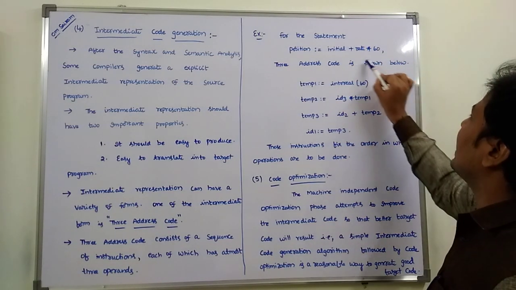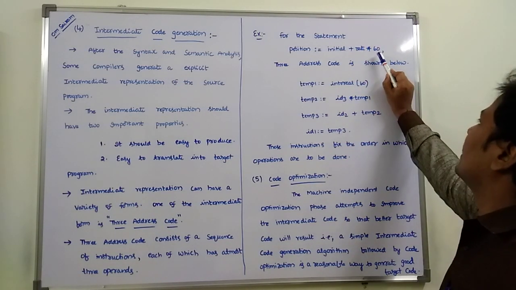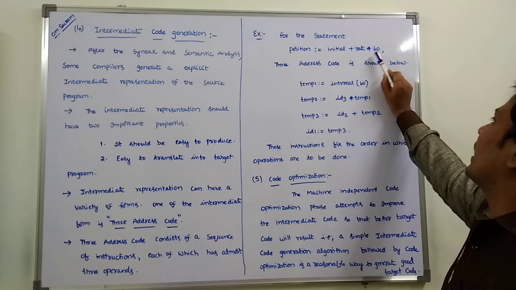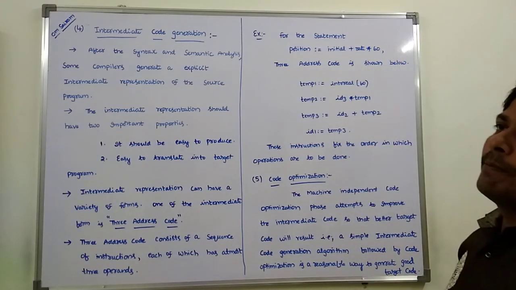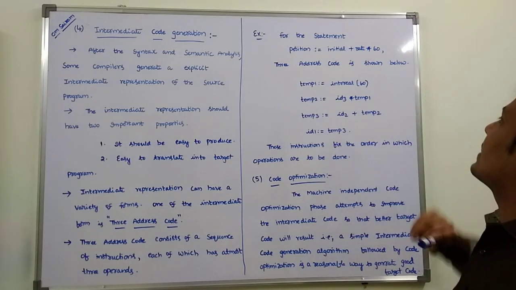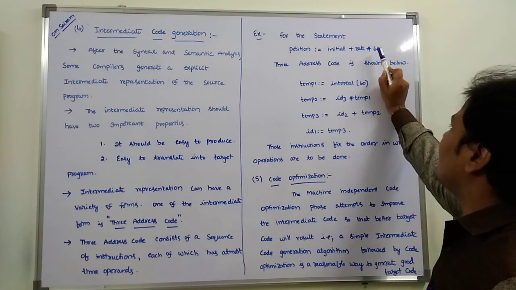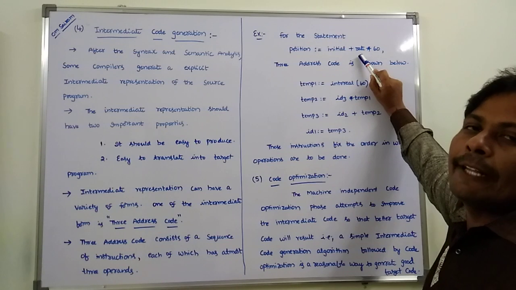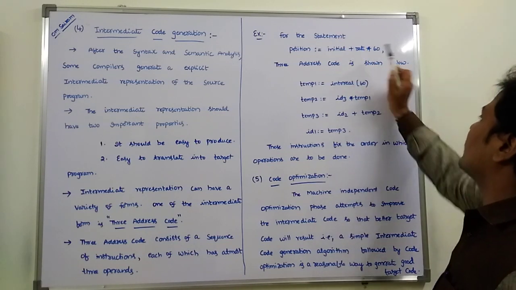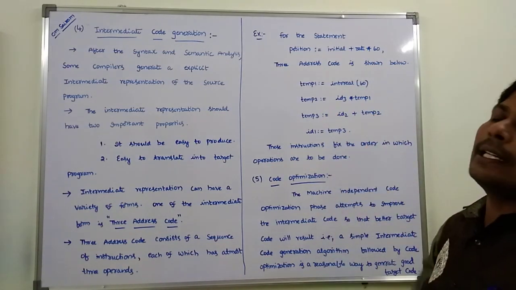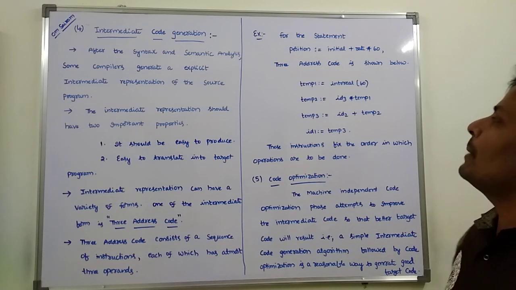Now we are getting this result. First, temp1 is equal to int to real of 60. That is the first statement. Second statement is that the result is multiplied with identifier ID3, and the result is assigned to temp2.